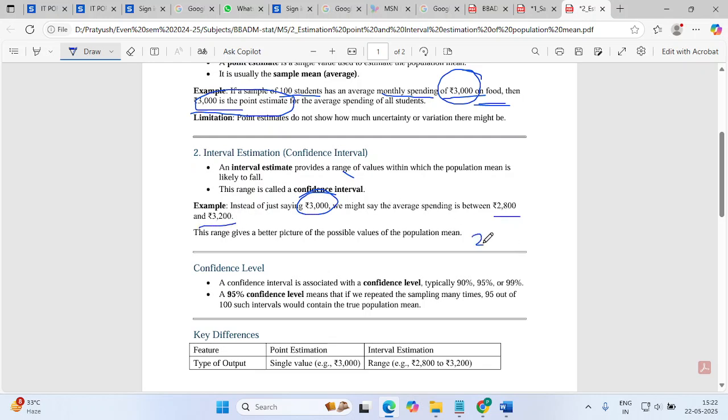So there is a range. You are saying that this is the range. I estimate that roughly speaking, the students will be spending money from 2800 to 3200 rupees. This is my interval estimation. I hope I was able to explain to you what is interval estimation and what is point estimation.